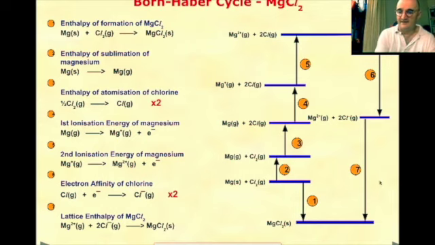It wants the lattice enthalpy. Mr. Chakramakal, which number is the lattice enthalpy on that Born-Haber cycle, please? 7. It is number 7. Well done. We have electron affinity, but now we've got times 2. We've got 2 electron affinities because we need 2 electrons, 1 to each of the chlorine atoms.